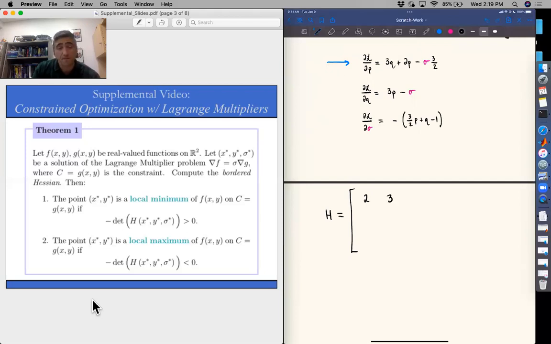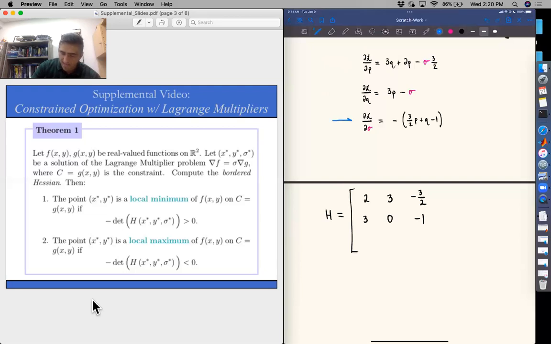Taking the partial derivative of that with respect to sigma will give us a -3/2. All right, let's go down to the next row. Looking at the next row now, we'll take all those partial derivatives. Partial derivative with respect to P will give us a 3. Partial derivative with respect to Q gives us a 0. And partial derivative with respect to sigma gives us a -1.